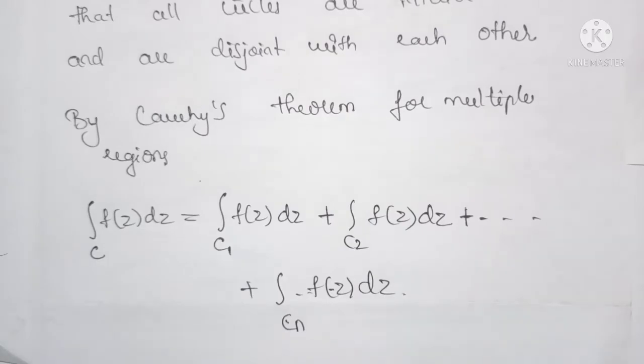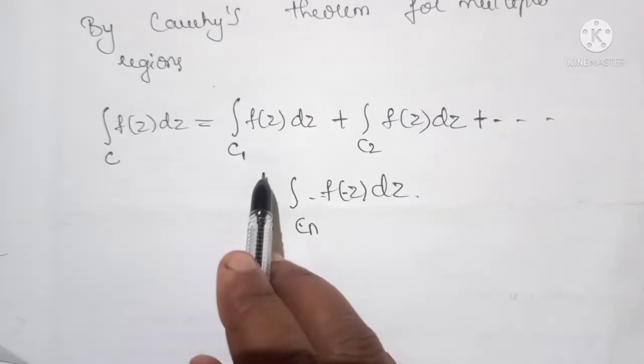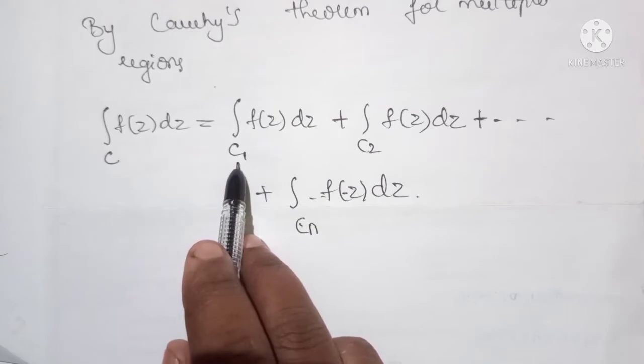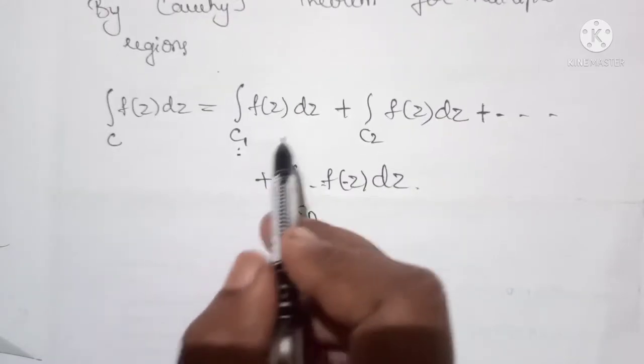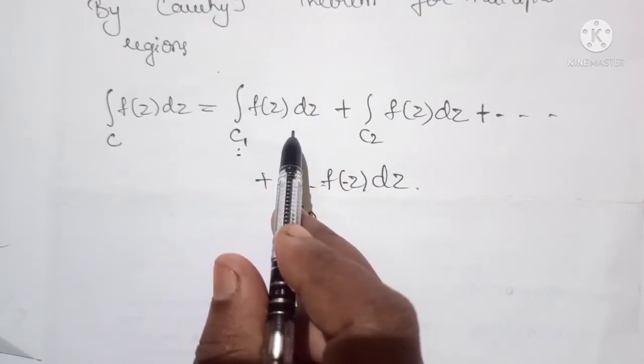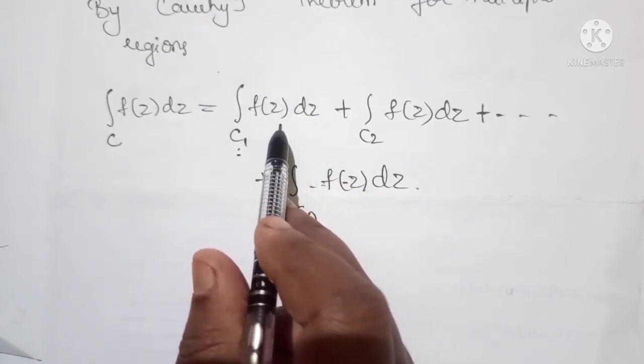Now since C1 is a circle with center z1, which is a point of singularity, we write the residue for this one.